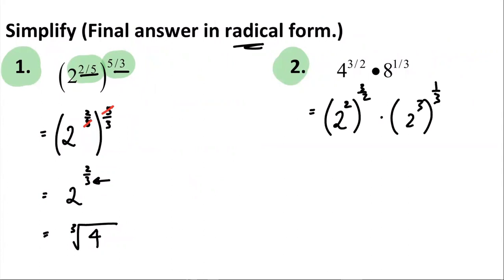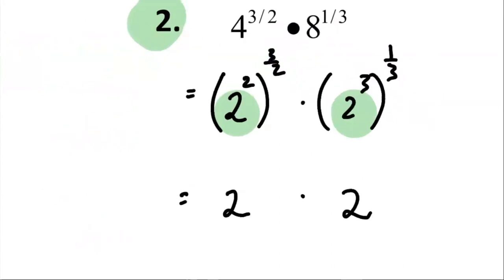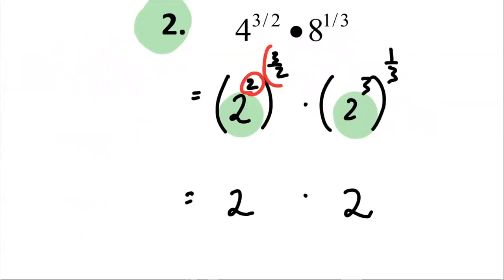And as you know, I always like to ask why. Why do we do this? Well, because we want to have the same base. But why do we want the same base? Well, because you can simplify some of the exponents. For example, what do you do with these 2 exponents?